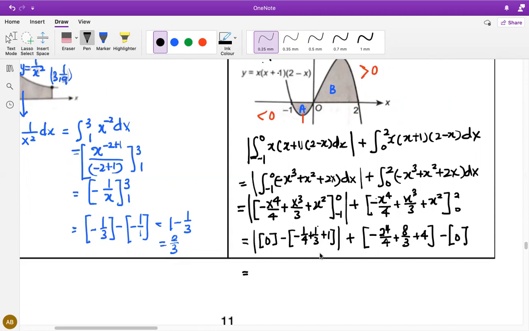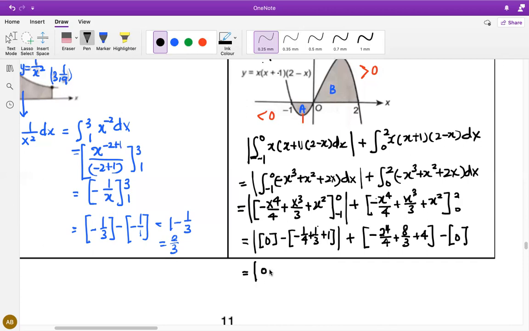So if we use a calculator, it is negative 1 over 12. Let me check that. Negative 1 over 4. Okay, never mind, we do it step by step.